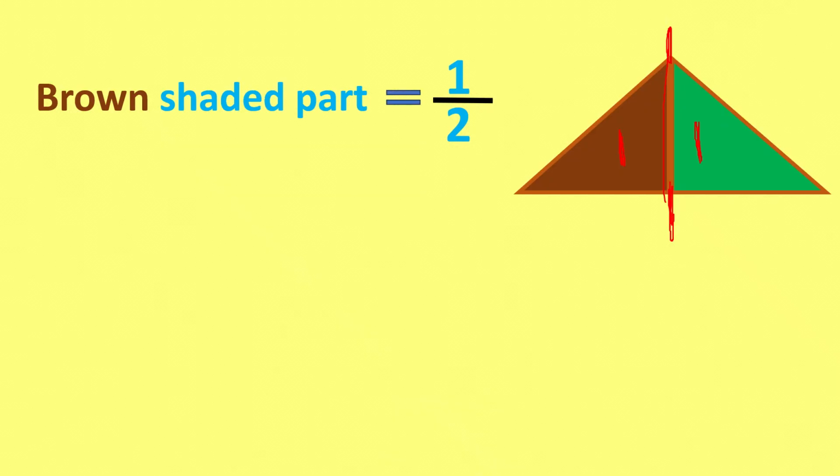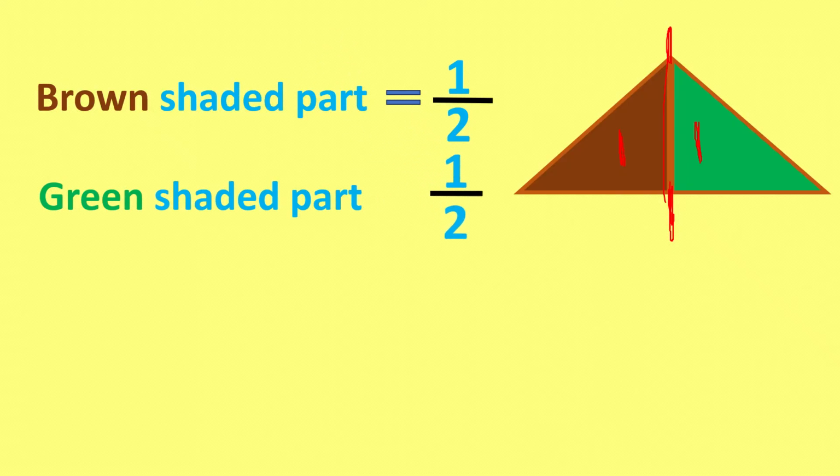Okay, and the green shaded part is also a half. We represent half like 1 by 2 or 1 upon 2. Okay, it's 1 upon 2. Don't forget to use the mathematical symbol of equal for representation of fractional numbers.